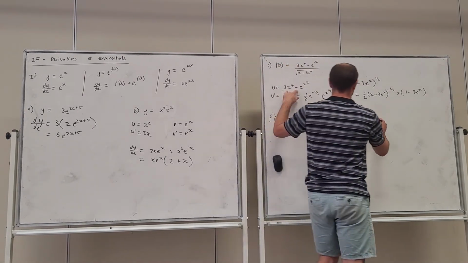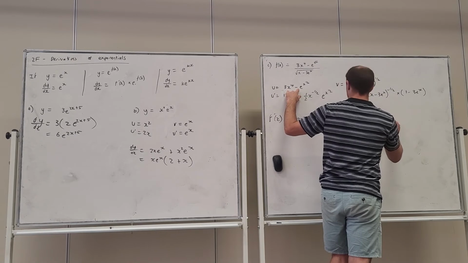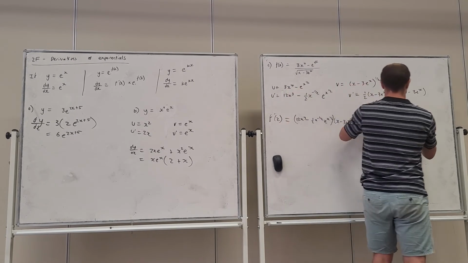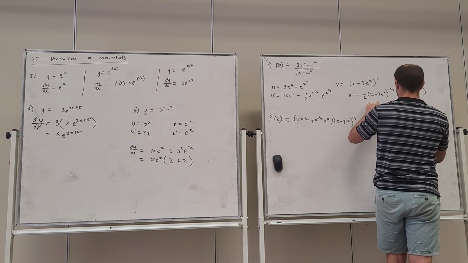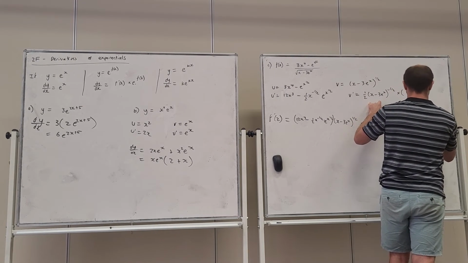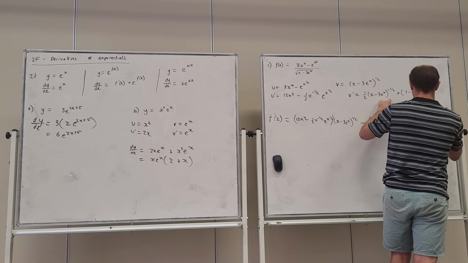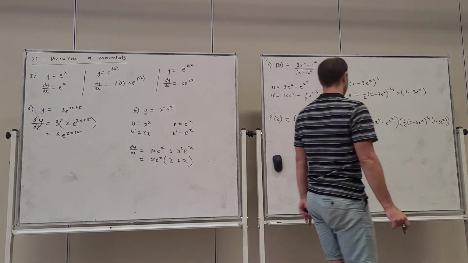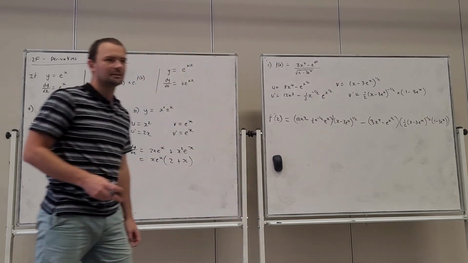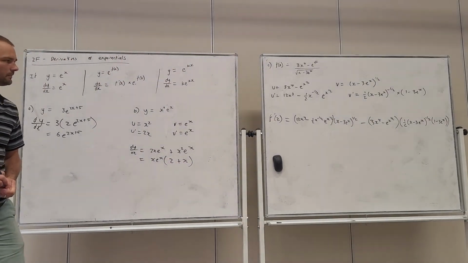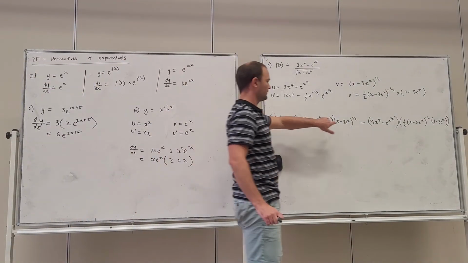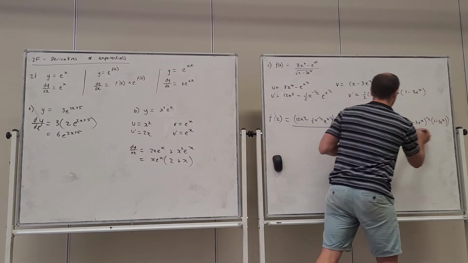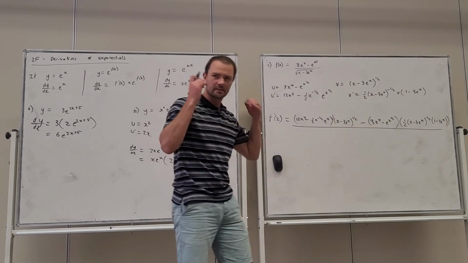That's the quotient rule. u dash v, take away u v dash, all on top of v squared.